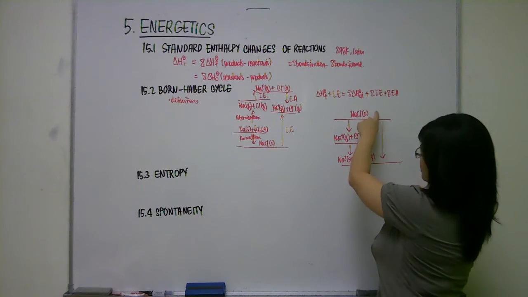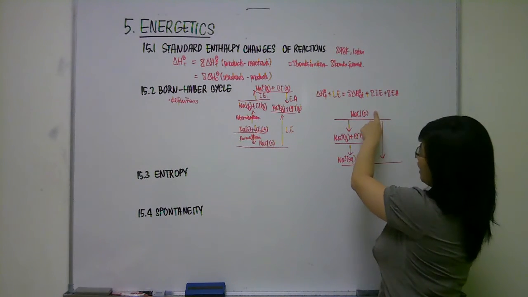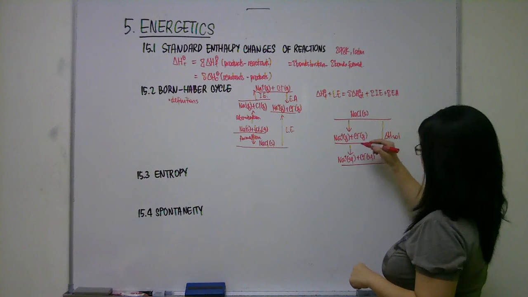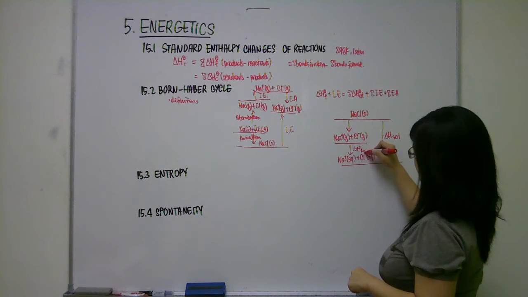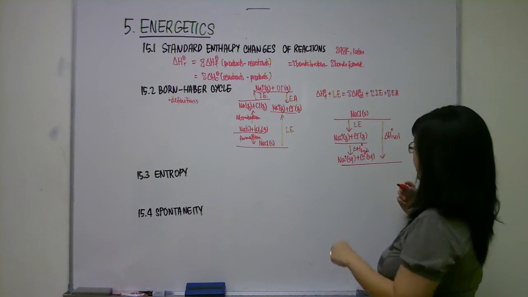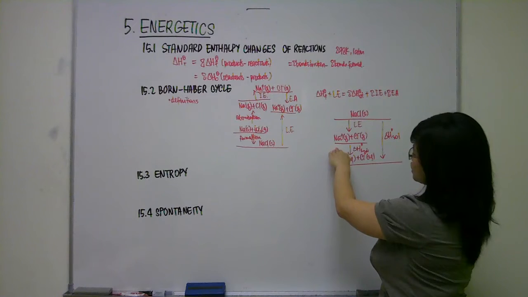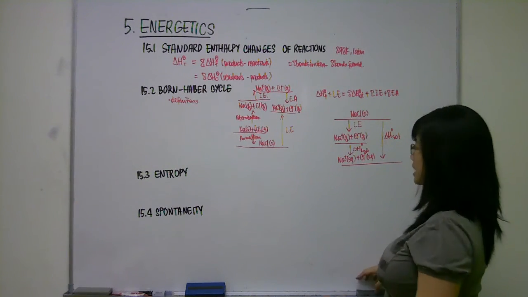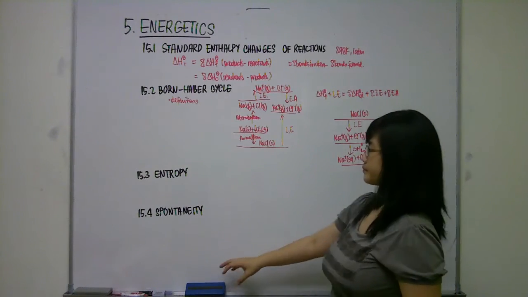So dissolving an ionic compound, this is enthalpy change of solution, this is enthalpy change of hydration, and this is lattice enthalpy. So lattice enthalpy plus enthalpy change of hydration is equal to the enthalpy change of solution. So this is another cycle that can be asked.